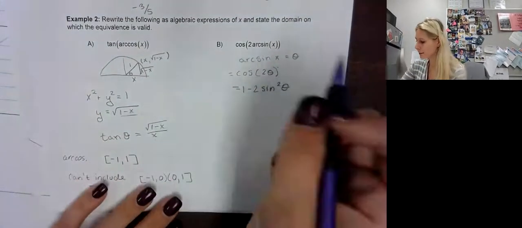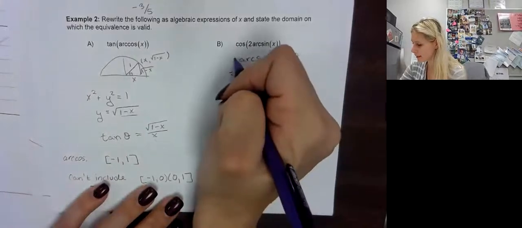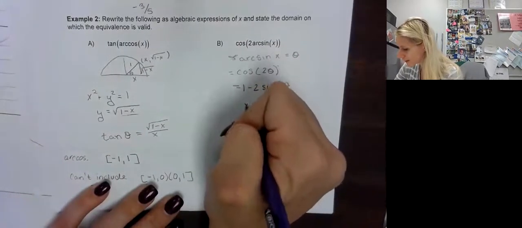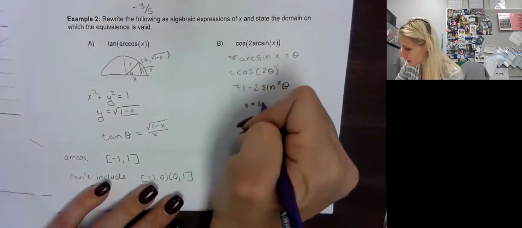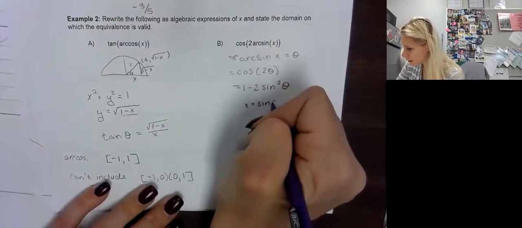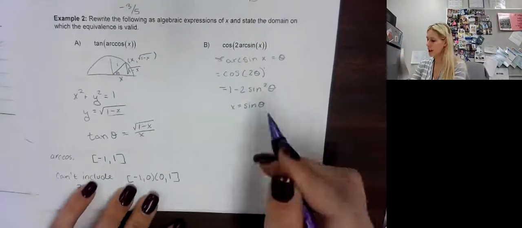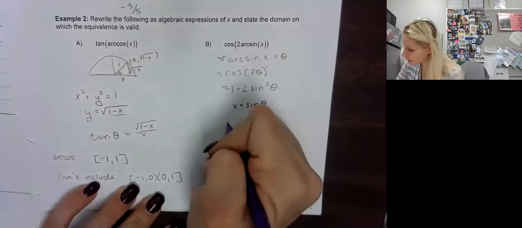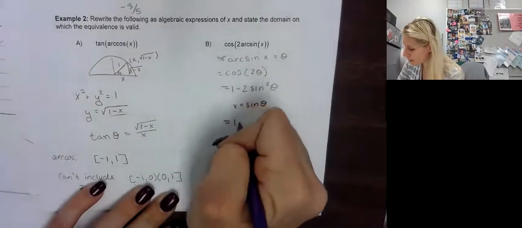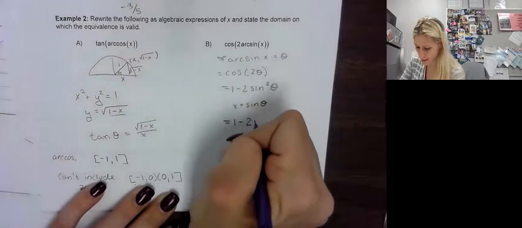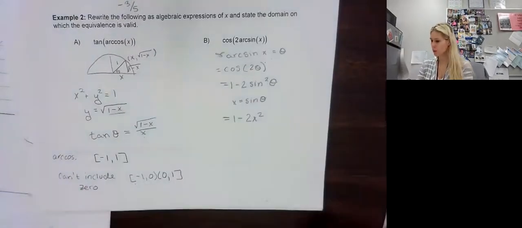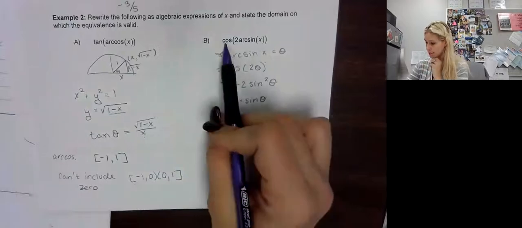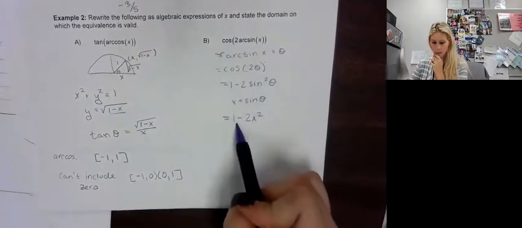Why did I use that? Because sine theta equals x, so now I can replace sine theta in here with x, leaving us with 1 minus 2x squared. So we're done, because cosine of the double angle would be that.